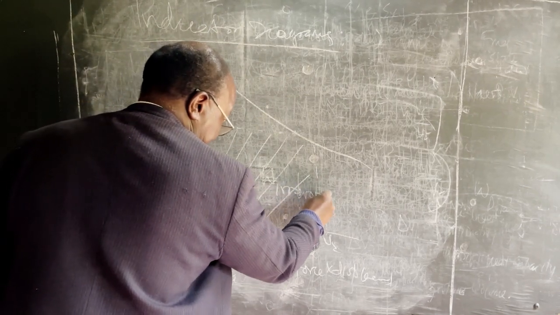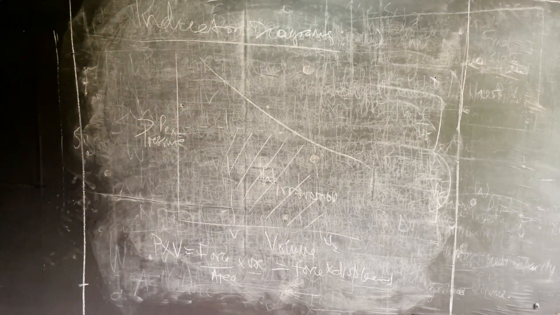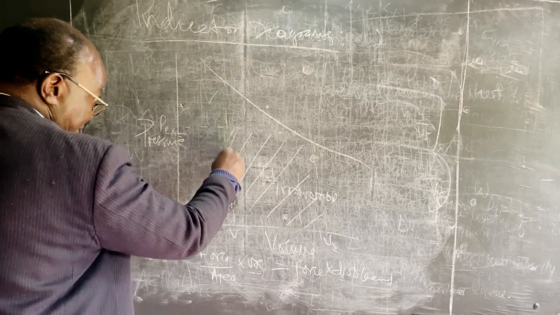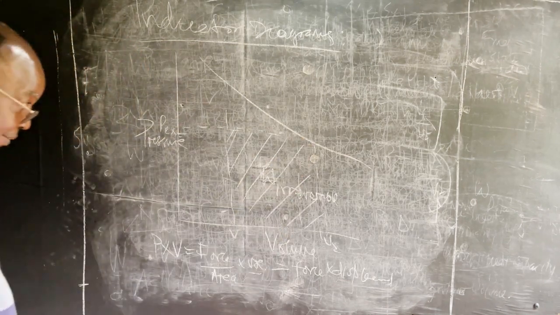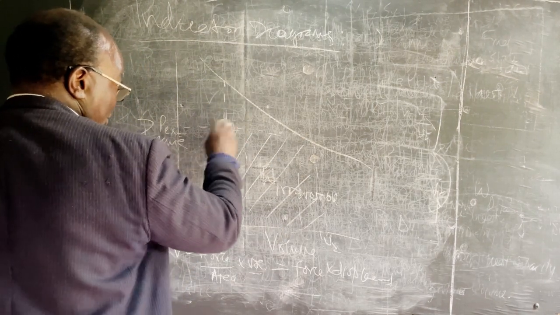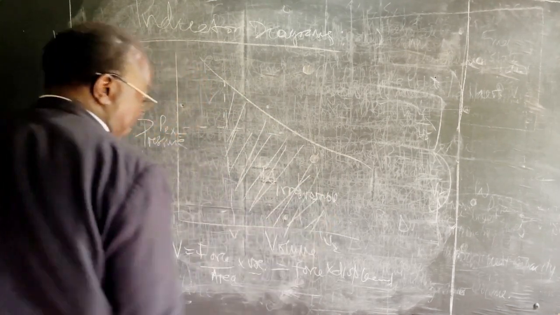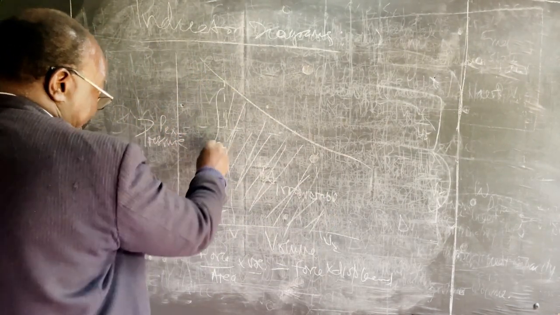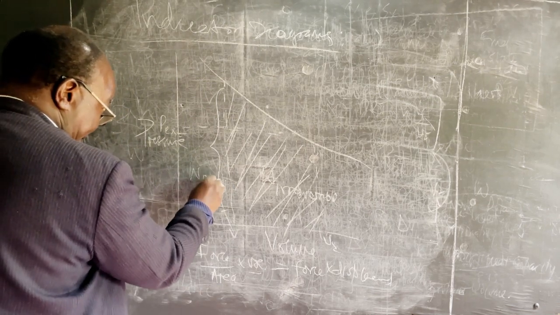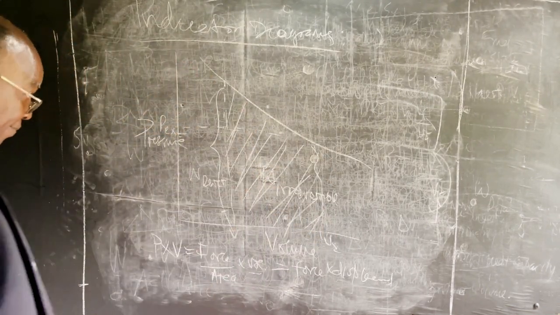But for the case of reversible work, then this area which was excluded now is included, so that W reversible is the area under that whole curve there.